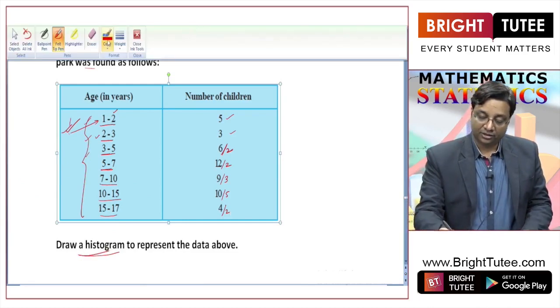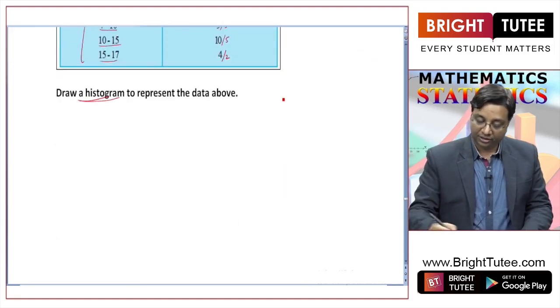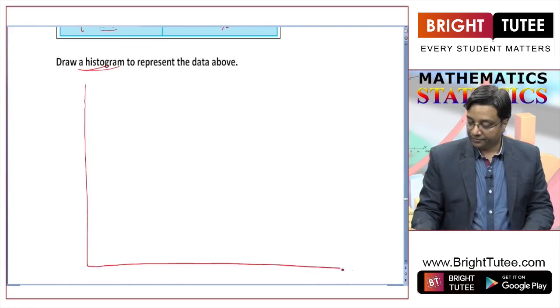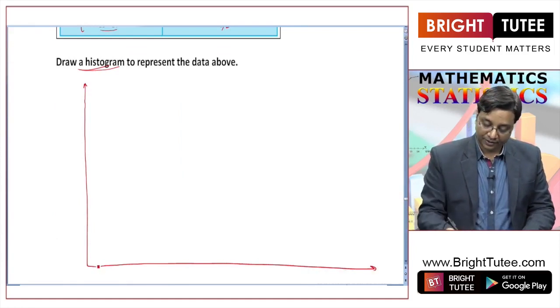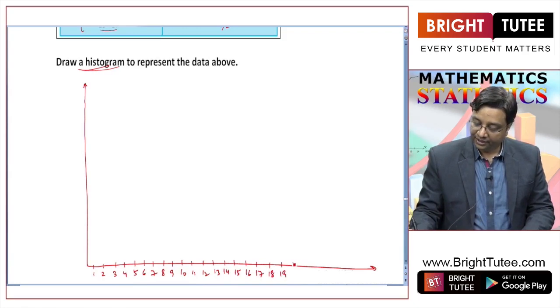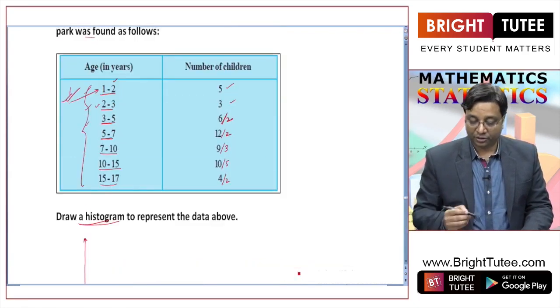Now let us draw the histogram. Or what we can do here is, we can take this space. So 1, 2, 3, 4, 5, 6, 7, 8, 9, 10, 11, 12, 13, 14, 15, 16, 17, 18, 19, 20. We won't require more than this, right?